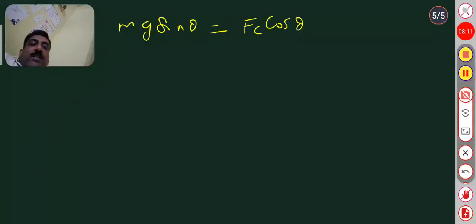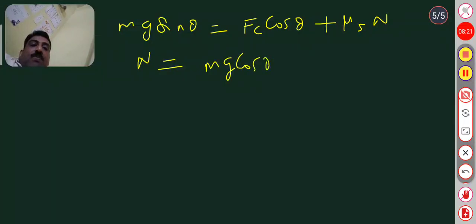So if I rewrite this, I'll write here again. mg sine theta is equal to Fc cos theta plus mu s into normal reaction. And the normal reaction, already you have written, is equal to mg cos theta plus Fc sine theta.